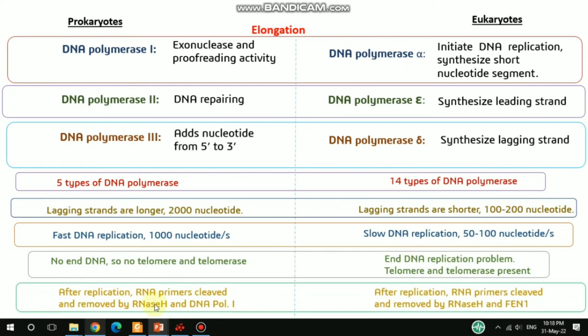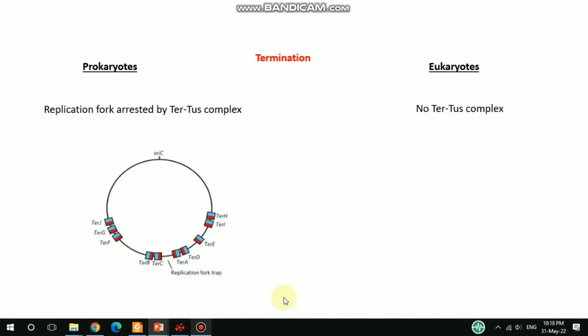After replication in the prokaryotic system, RNA primers are cleaved and removed by RNase H and DNA polymerase 1. In the eukaryotic system, after replication, RNA primers are cleaved and removed by RNase H as well as FEN1, but the DNA polymerase does not have this kind of function. Let's have a look at the termination process.